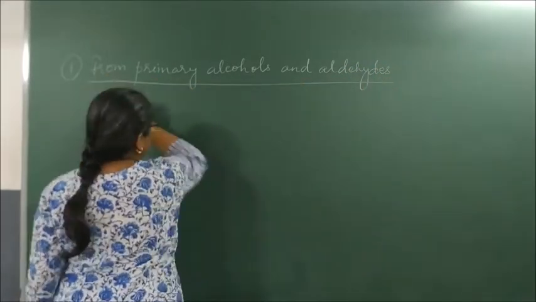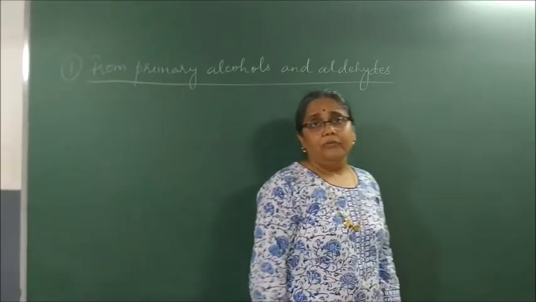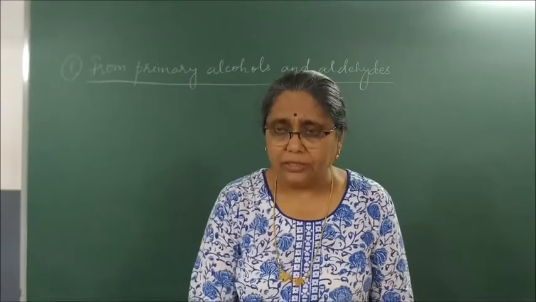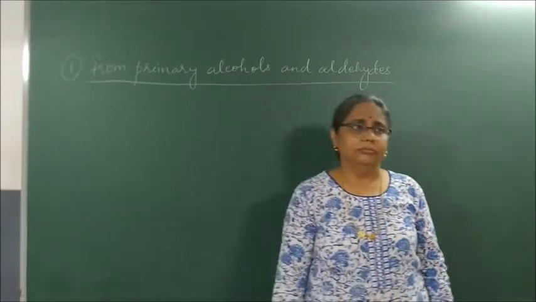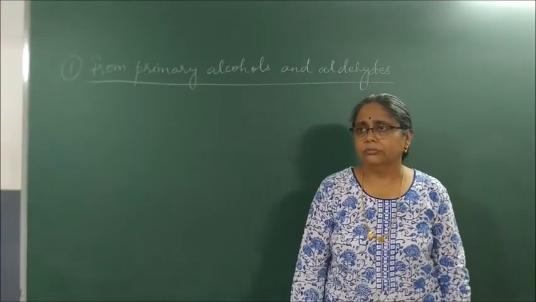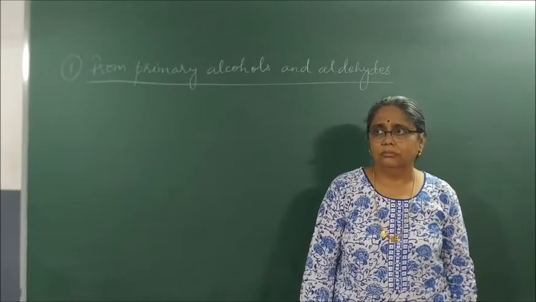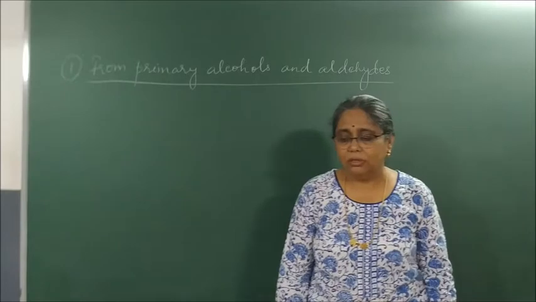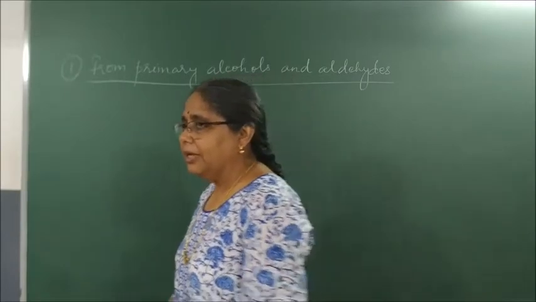We have finished studying alcohol. We have also finished studying aldehyde. How do we prepare acid from an alcohol? By what reaction? What reaction does alcohol give an acid? What is our basic reaction?